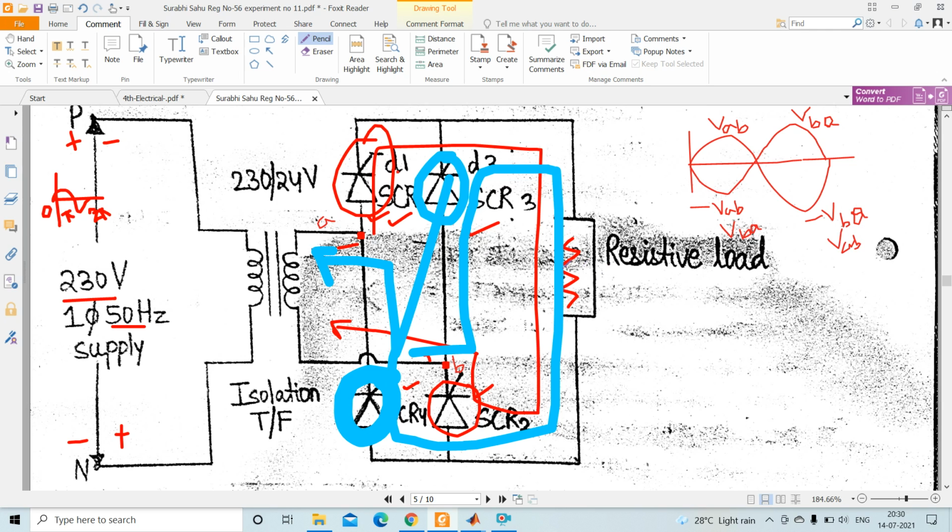So when A is positive and B is negative, the applied voltage is VAB, but when the B point is positive and the A point is negative, the applied voltage is VBA. We take it in the forward direction in both half cycles, because our current direction in the load is the same, downward. So our output is like this.